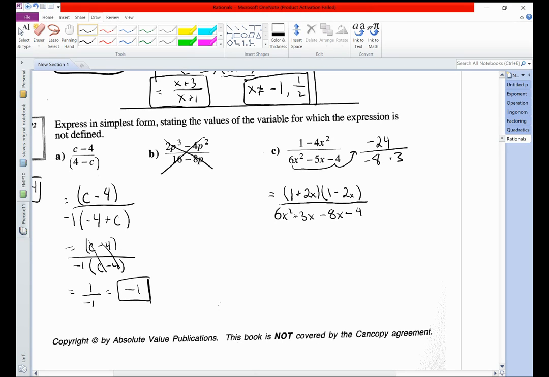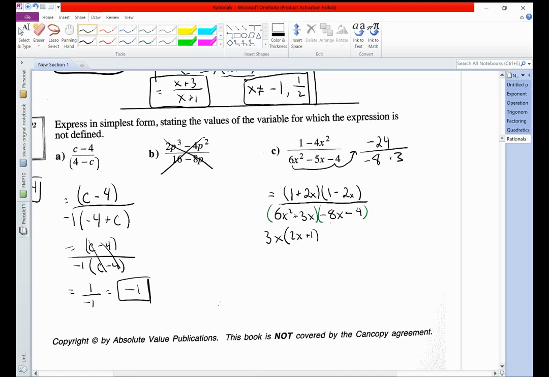And I haven't canceled anything out yet, so I don't have to have my non-permissible values written down. You just have to do it before you cancel so that you don't forget about any. I'm going to factor by grouping here. So I'm going to group the first two and the last two and pull out a greatest common factor. So I can pull out a 3x and I'm left with 2x plus 1.